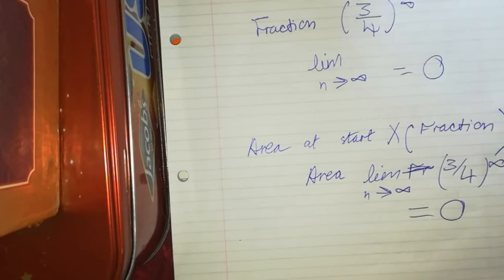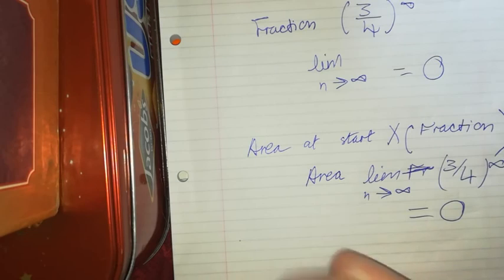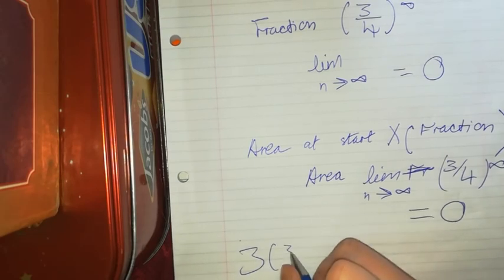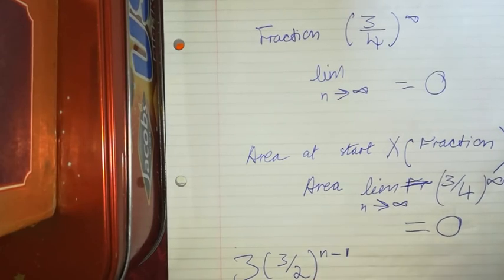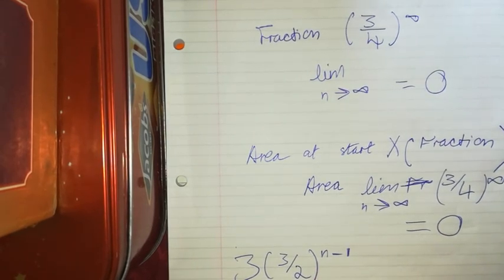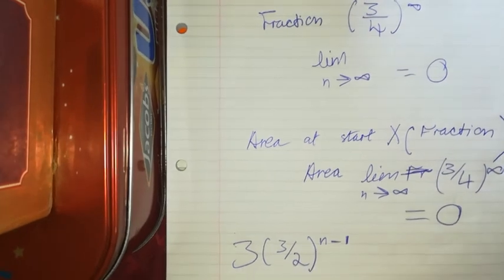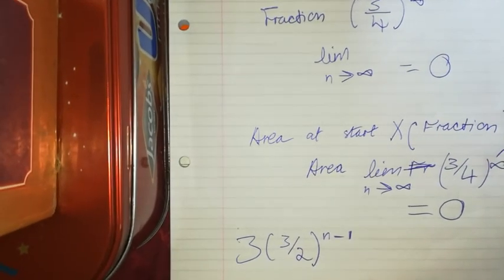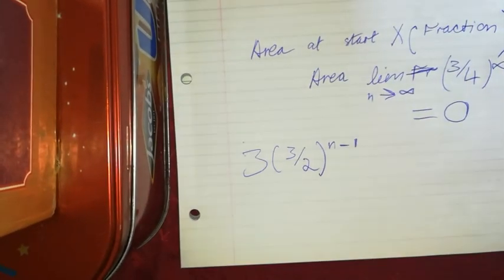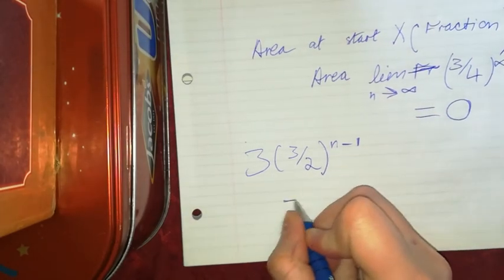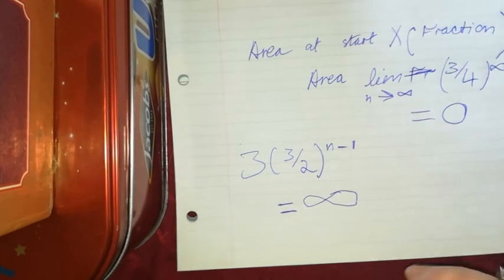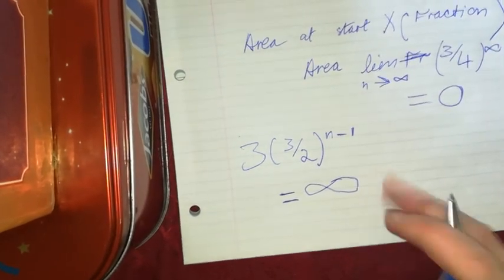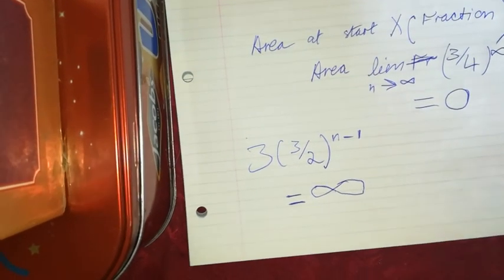So for the perimeter, it's 3 times 3 over 2 to the power of n minus 1. If I want the perimeter in step n, well, this is a top heavy fraction, so the perimeter is going to tend to infinity.